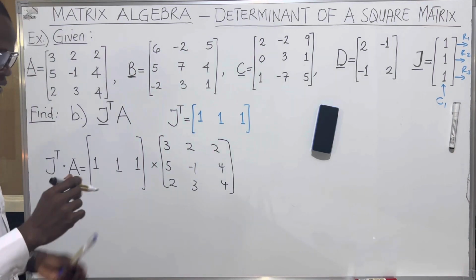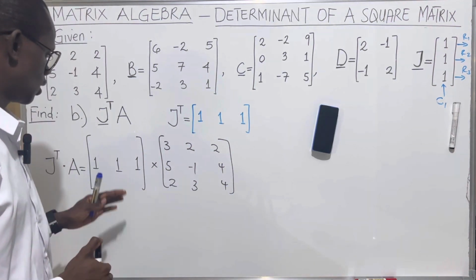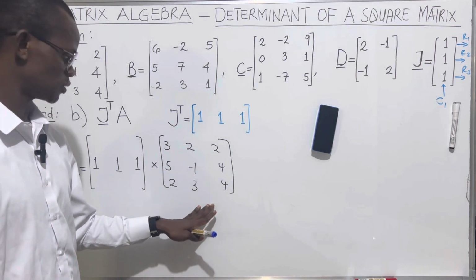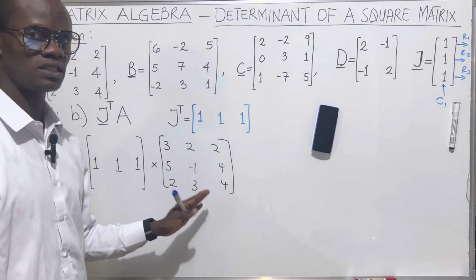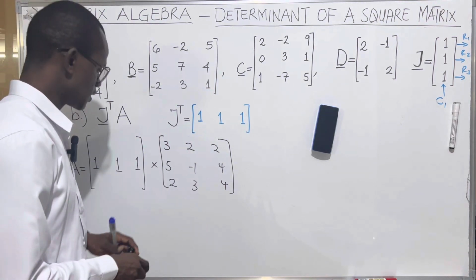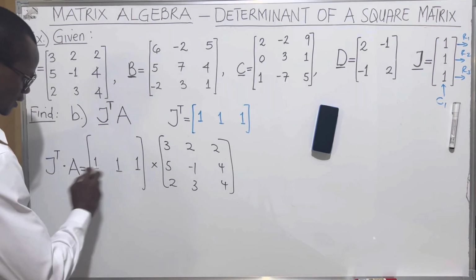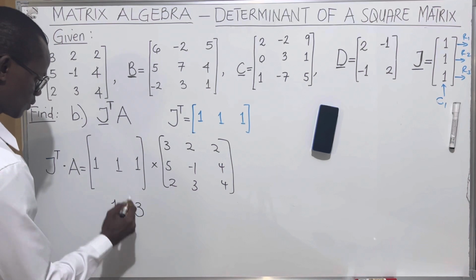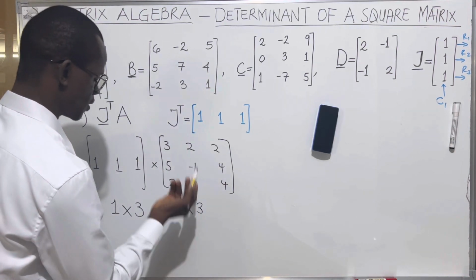Now, like the way we said in adding two matrices, the rows must be the same as the rows in the second matrix, and the columns in the first matrix should be the same as the columns in the second matrix in terms of their number. But for multiplication, this is 1 by 3, and this is 3 by 3, right?